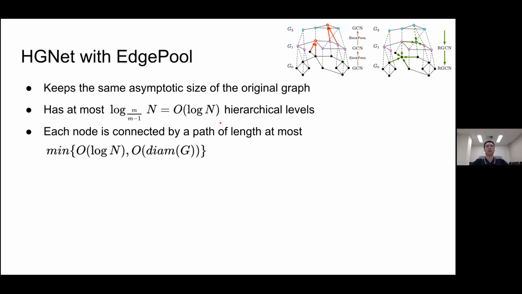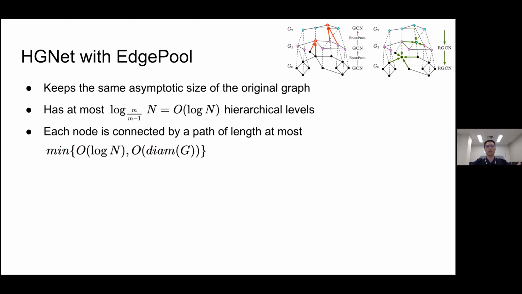This means that if the original graph was connected, so there are no disconnected components, then the length of the shortest path between any two nodes is upper bounded not only by the diameter of the graph, but also by the logarithm of the number of nodes.